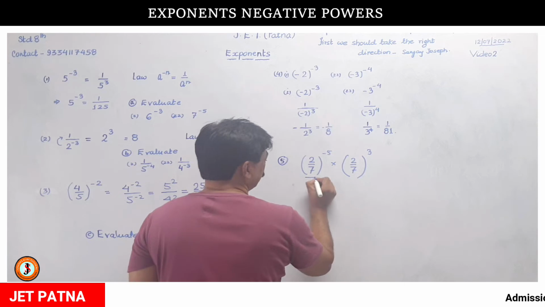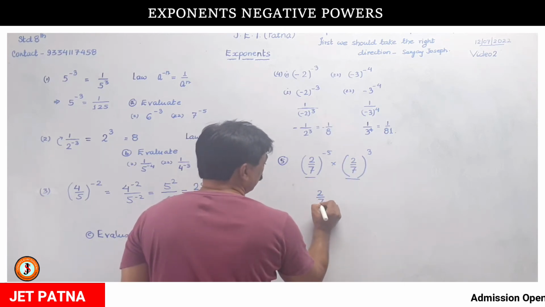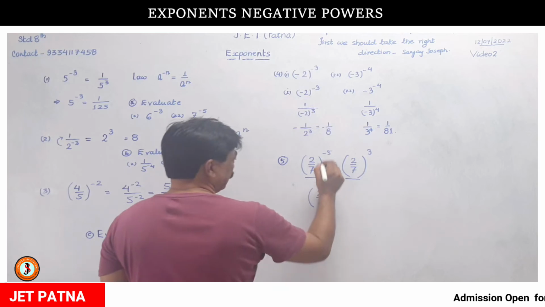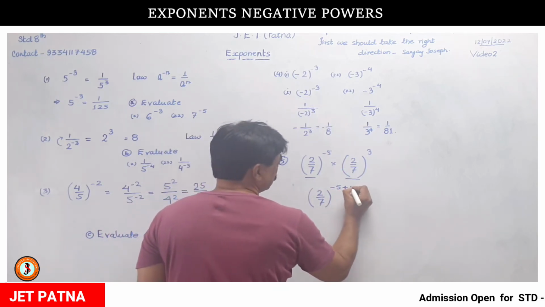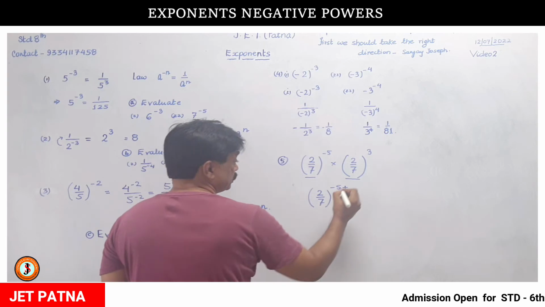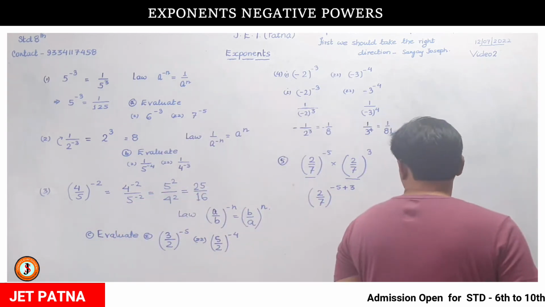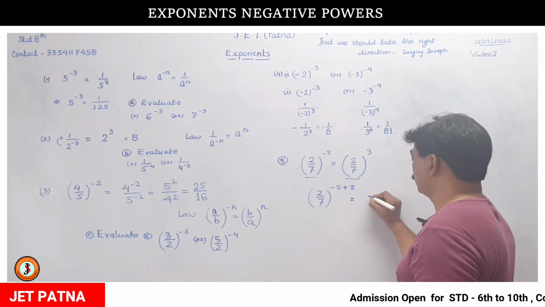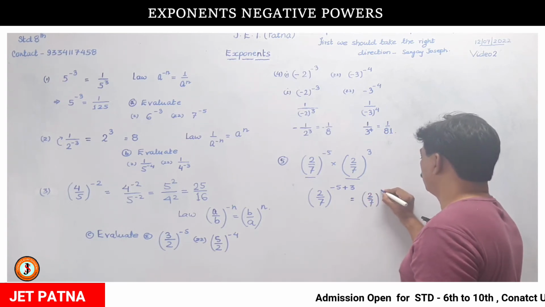So this is base and base are same and multiplication is there. So using the law, a raised to the power m into a raised to the power n is a raised to the power m plus n. So with the sign I add minus 5 plus 3. So this becomes 2 by 7 to the power minus 2.